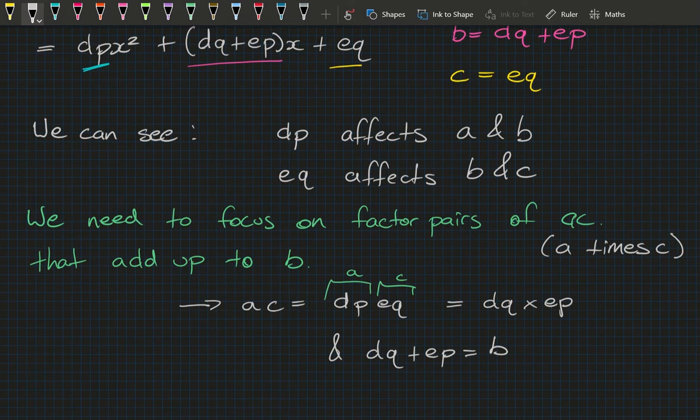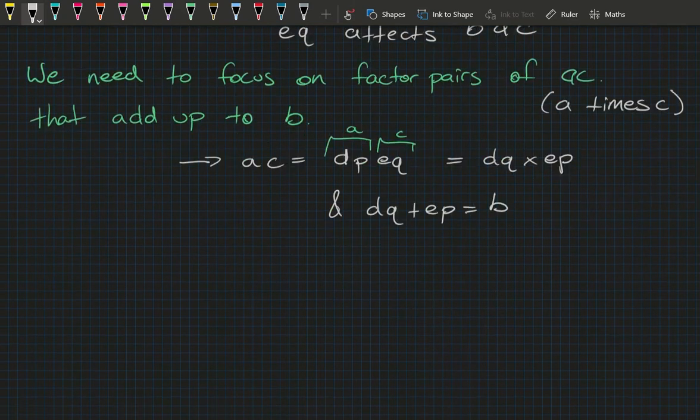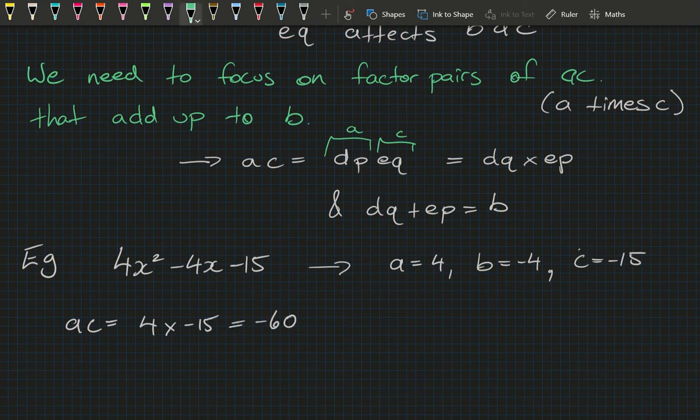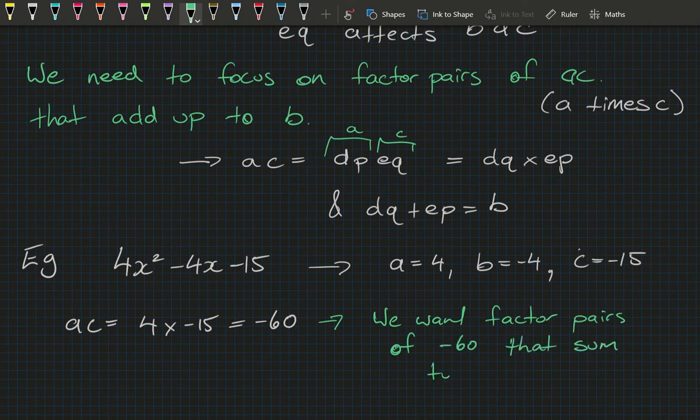Now, what does this look like with an example that has actual numbers, such as 4x squared minus 4x minus 15? So in this case, a is equal to 4, b is equal to minus 4, and c is equal to minus 15. Now, a times c is equal to 4 times minus 15, which is equal to minus 60. So therefore, we want factor pairs of minus 60 that sum to minus 4.